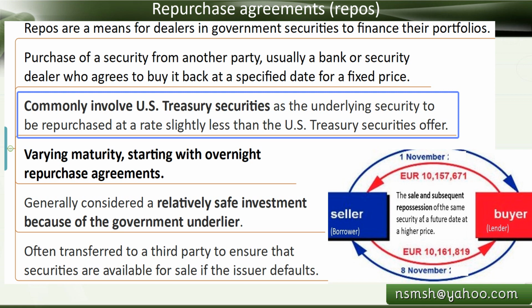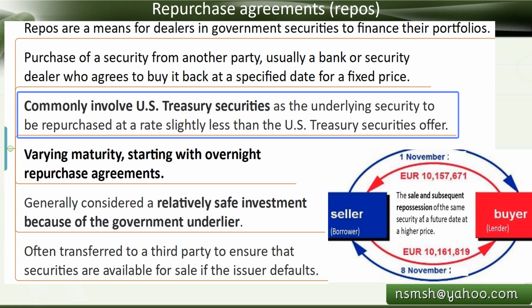Repurchase agreements are a means for dealers in government securities to finance their portfolios. So it commonly involves US Treasury securities, and it is repurchased at a rate slightly less than the US Treasury securities offer. There is varying maturity, starting with overnight repurchase agreements.